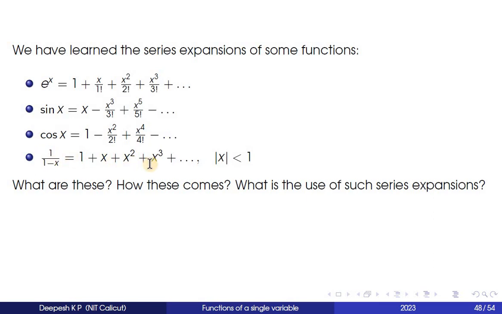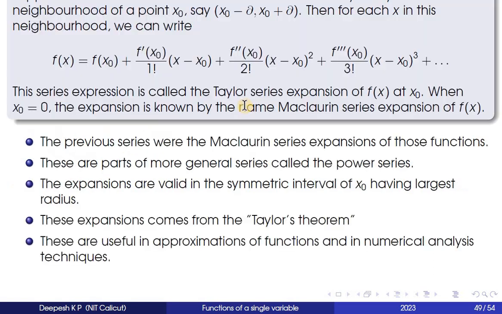So that's why this expansion is not valid if the modulus of x is greater than or equal to 1. It need not converge. So we have to study the values of x for which the function can be represented as a series. That's also an aim of this.